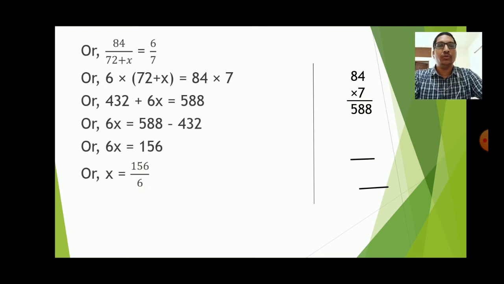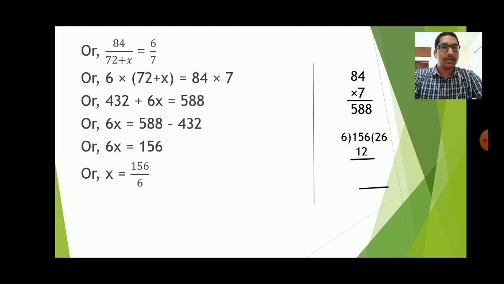Now what will we do? We will divide 156 by 6. Look at the screen: divisor 6 and dividend 156. Here we take 2 digits, so it will be 15. How many times can we take 6 in 15? Definitely 2 times, which is 12.